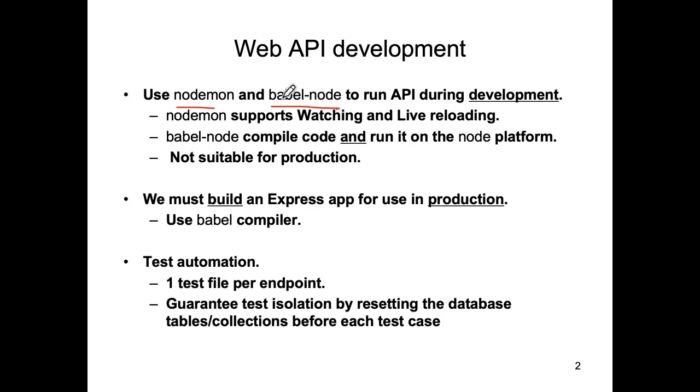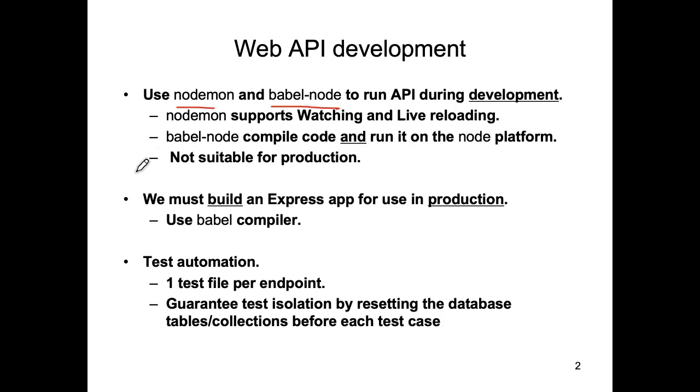The way we bridge the gap is by using BabelNode. It will take your modern JavaScript syntax and convert it back into ES5 slash ES6. I guess maybe it's ES6 at this stage. Similar to the problem that we have with front-end development, where the browser didn't understand modern JavaScript either, and we had to do a compilation. So that's what BabelNode does for the backend for us.